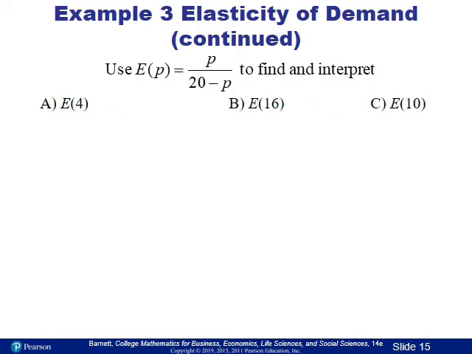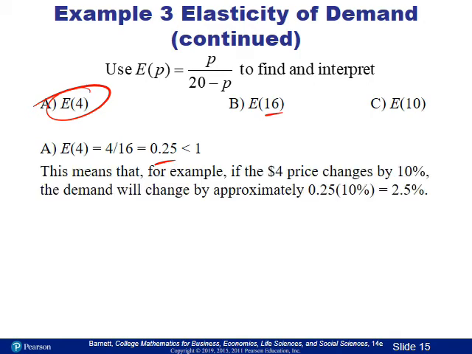So use E of p to find and interpret. When E of 4 is less than 1, like you substitute p equals 4, you will get 0.25. This means that if you change the price by 10%, the demand will change by approximately 0.25 times 10%, which is 2.5%.